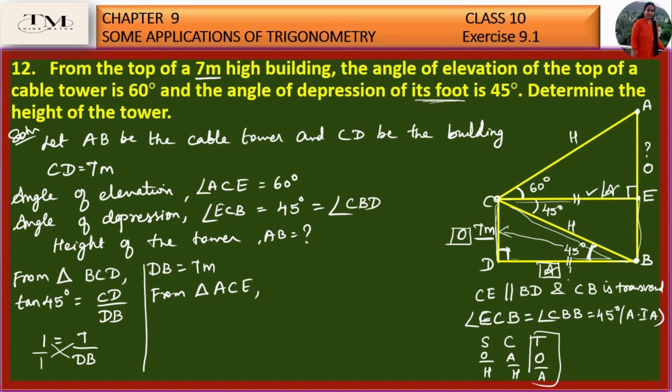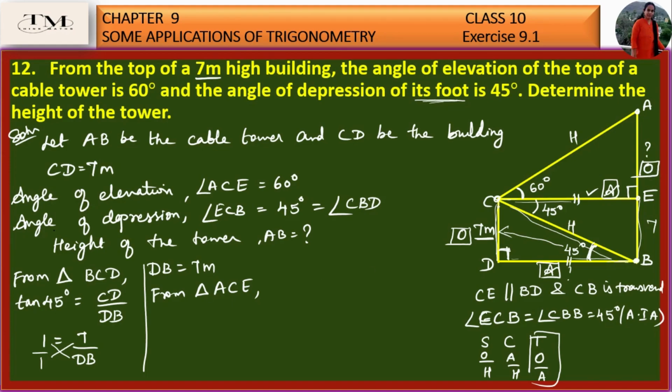We know the adjacent side and we have to find out the opposite side, because we have to know the height of the tower. So it is AE plus EB. EB is equal to CD. CD is already given as 7, so EB will be 7. So we have to find out AE.